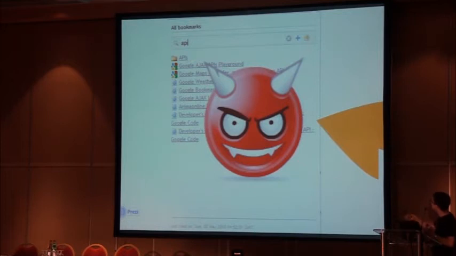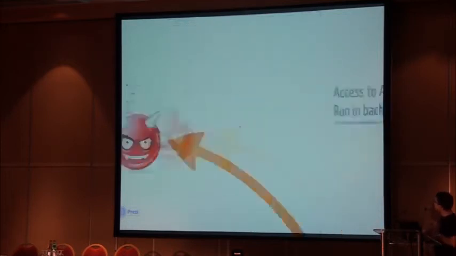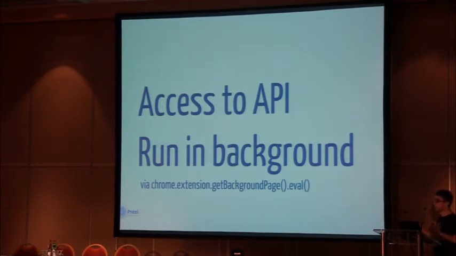And then it disappears and gets destroyed. So we can nevertheless very quickly migrate our code to the background page by simply calling chrome.extension.getBackgroundPage. This is the reference to the window, and just accessing the eval function and calling it.